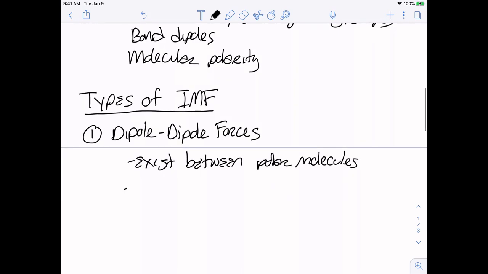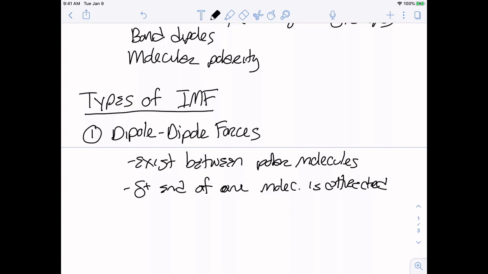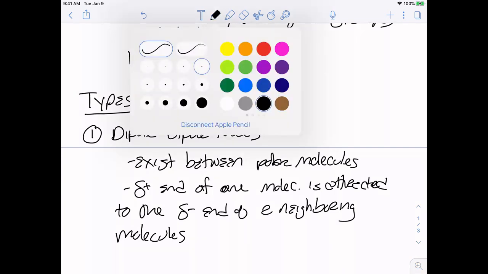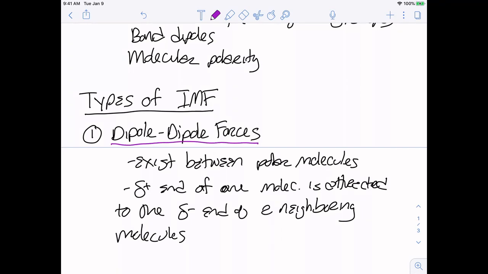What happens is the partial positive end of one molecule is attracted to the partial negative end of a neighboring molecule, and vice versa: the partial negative end of one is attracted to the partial positive end of the other. If they're not polar, you're not going to have partial positive and partial negative ends. So it has to be polar to have these.